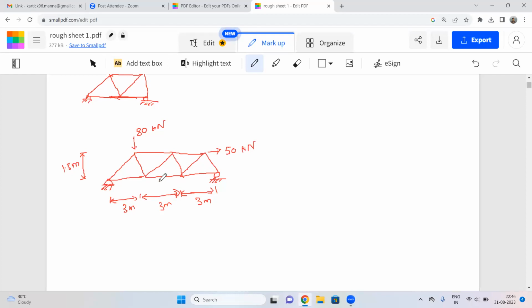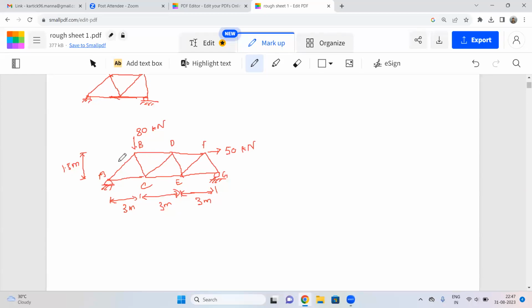First, we need to do the nomenclature of the joints. So suppose this is your A, B, C, D, E, F and G. What we need to find out here in the truss is the load on each element.